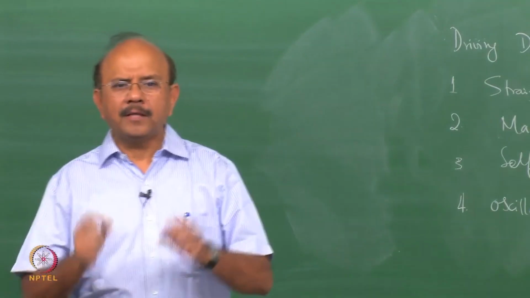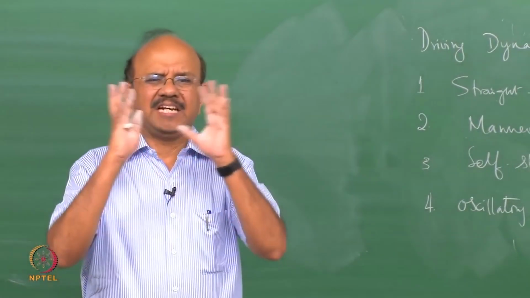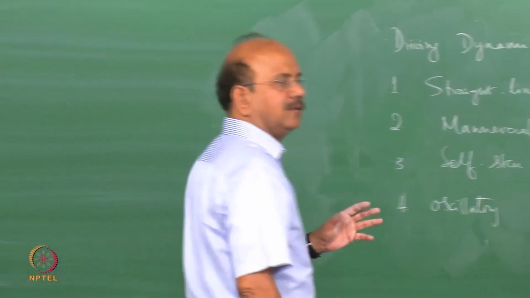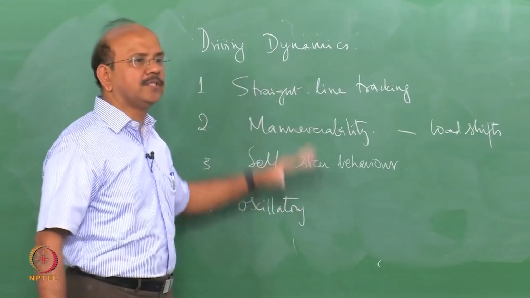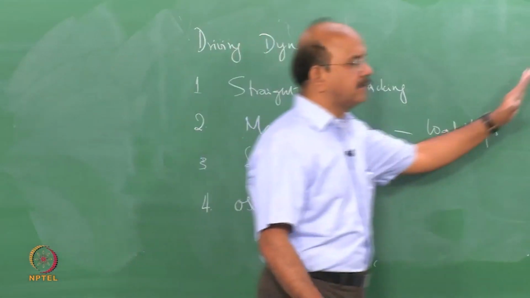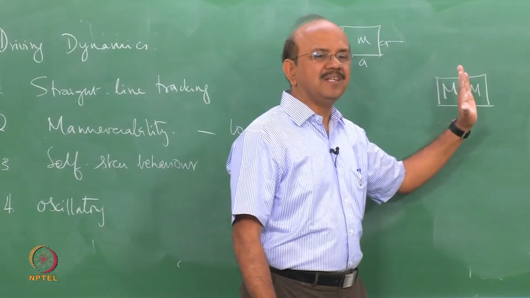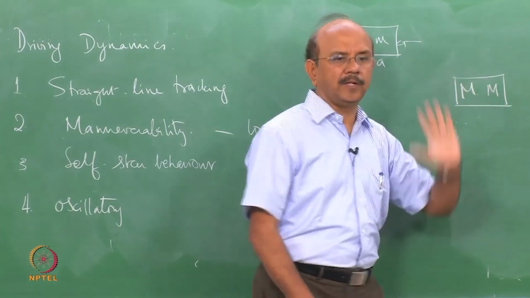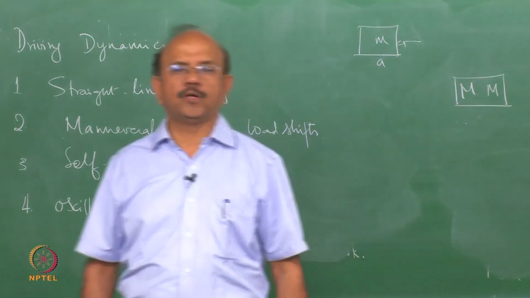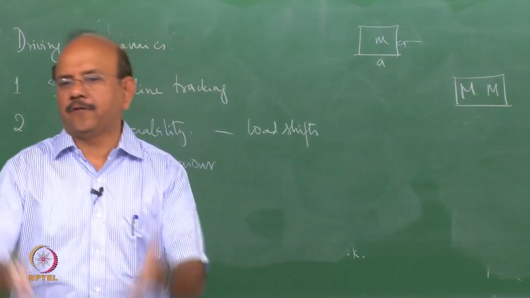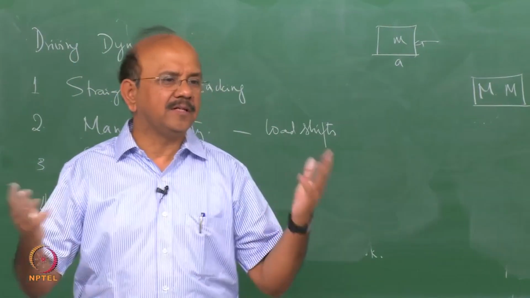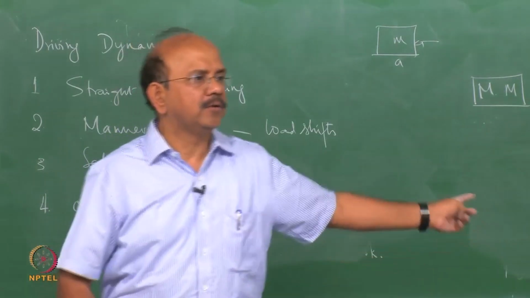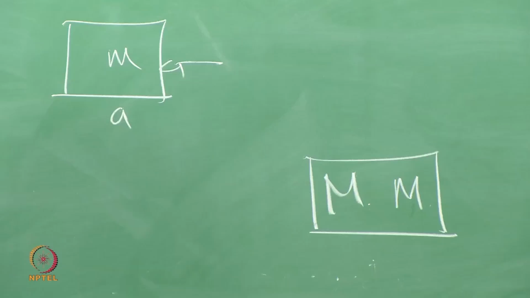So mathematical model is a very general term, and you have to understand many of these things in order to understand the limitations or what can be achieved using the mathematical model.